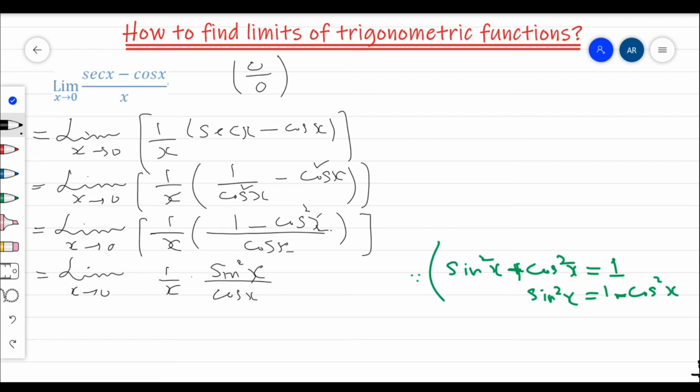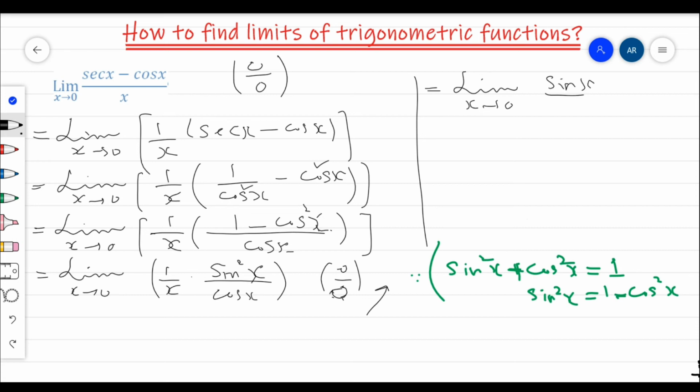In the denominator we have x, so we get 0, and in the numerator we have sine, and sine of 0 is 0. You can check it from a calculator. Once again we are getting an indeterminate form, but we can rearrange the given function as limit x approaches 0, sine of x by x times sine of x by cos of x.